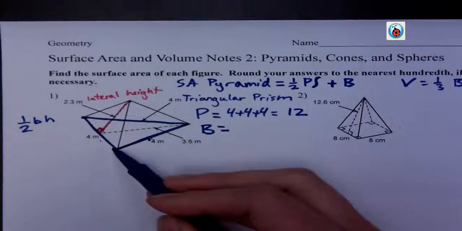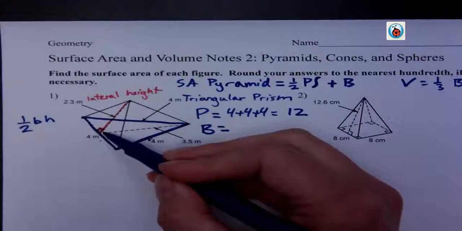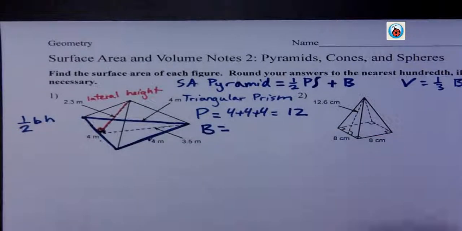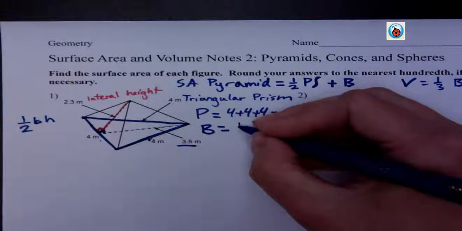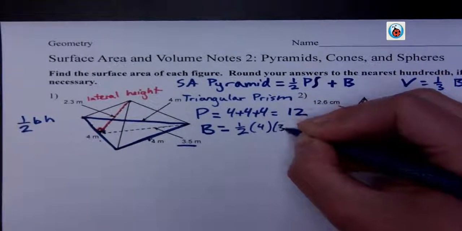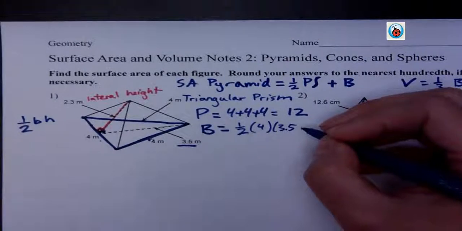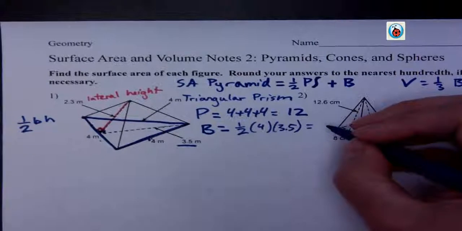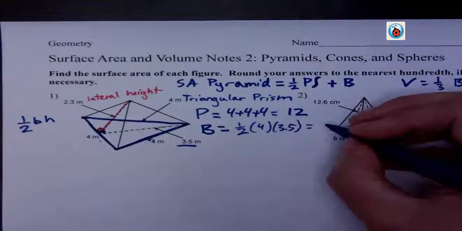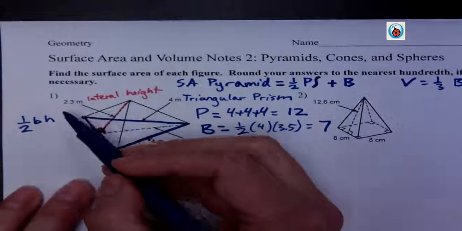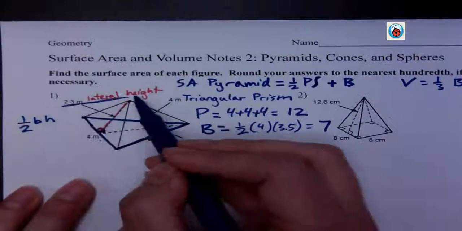And so I have to say, okay, where do I have that right angle, which is right here, with that dotted line of the height, which is 3.5. So it's just 1/2 times 4 times 3.5, which equals 7. Okay. And then my lateral height I already found right here is 2.3.